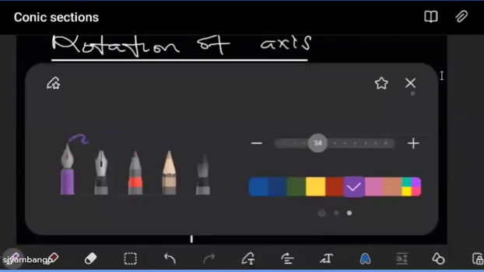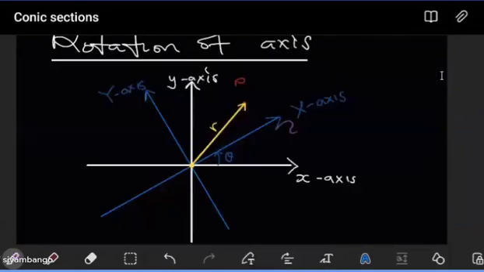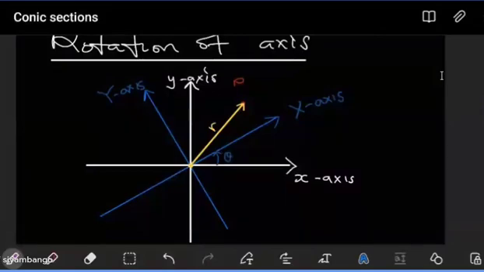Now, we can describe P in terms of the blue axis and the white axis. Let's start with the blue axis.